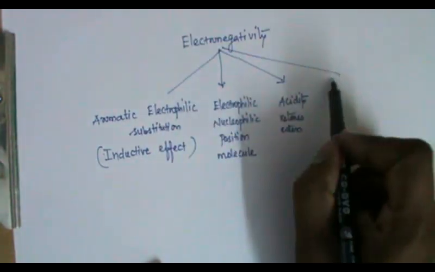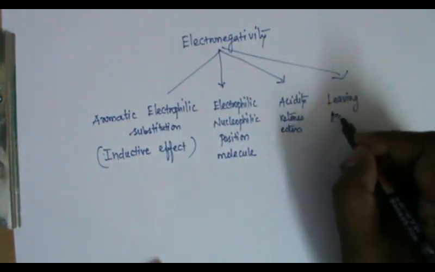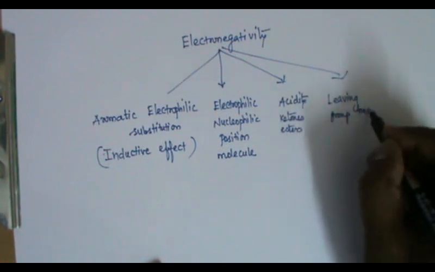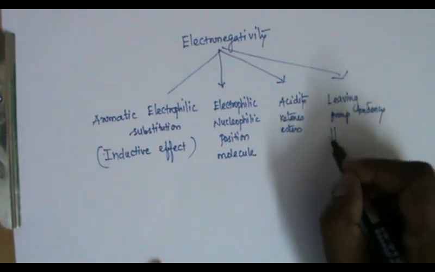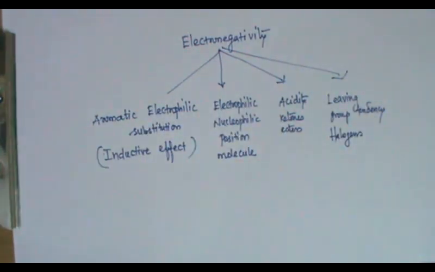The last one, leaving group tendency of halogens. I am not going for sulfonate. In sulfonate, the leaving group tendency is based on resonance. But when you go for halides, it is because of the importance of this electronegativity.